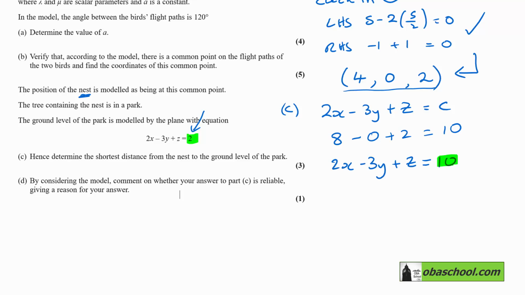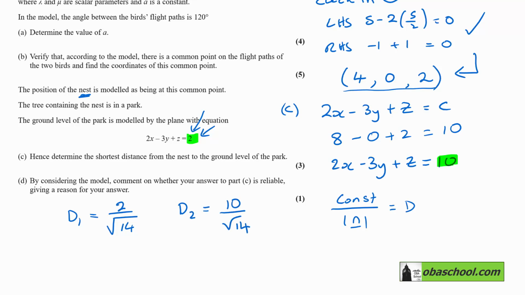So the way that it is related is that that constant, divided by the magnitude of the normal, is equal to the distance. So distance 1 is going to be 2 divided by the square root of 2 squared plus 3 squared plus 1 squared, so that's root 14. And the second distance is going to be 10 over root 14.